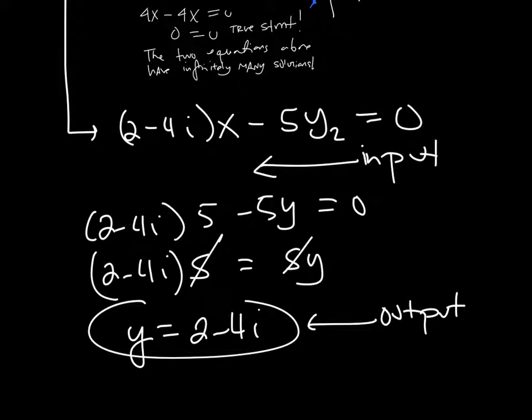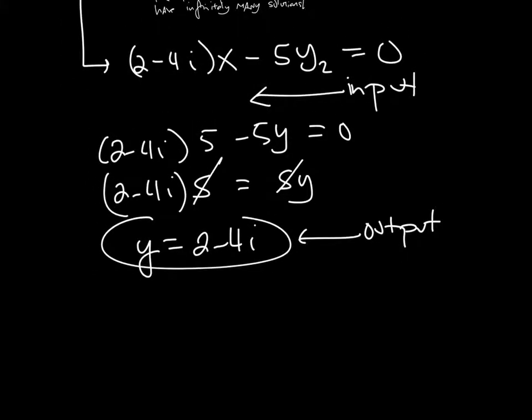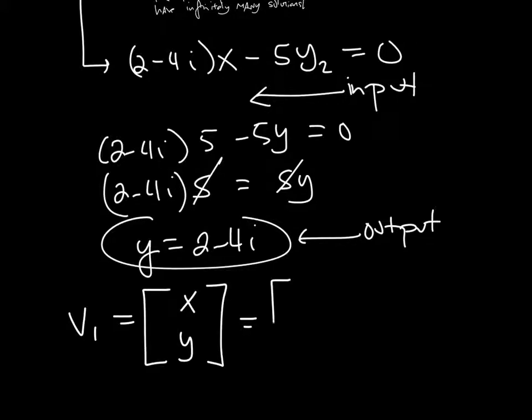So what does that mean? Well, that means that our associated eigenvector to our eigenvalue 4i is the following. We know this guy is going to be v1, and it's really just the x and the y. So I let x be 5, and then we obtained 2 minus 4i.